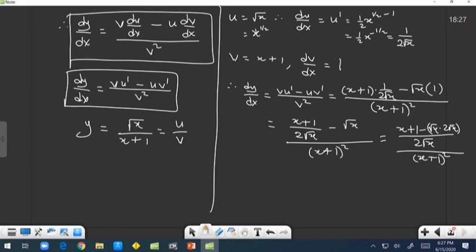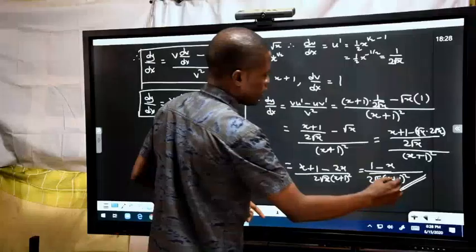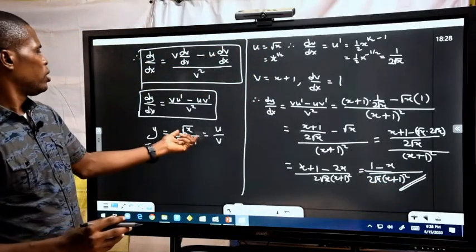So when we do further simplification, multiplying this with 2x, we have x plus 1 minus 2x, divided by 2 root x in bracket x plus 1 all squared. So that is equal to 1 minus x, over 2 root x in bracket x plus 1 squared. So this is the answer to the differentiation of this expression.